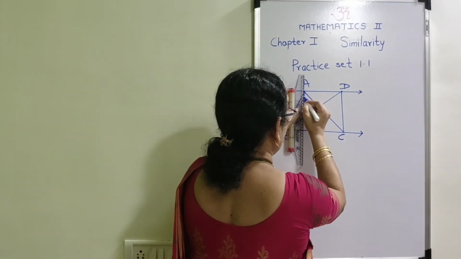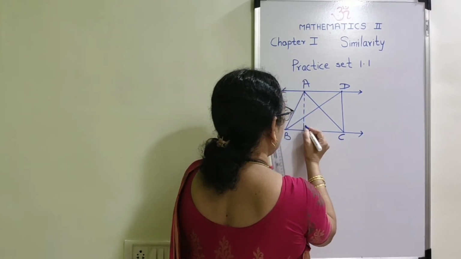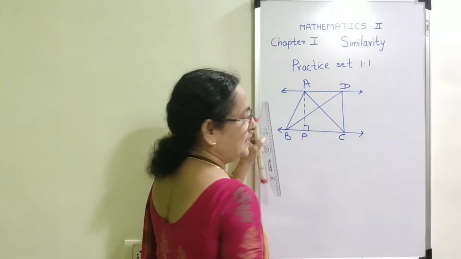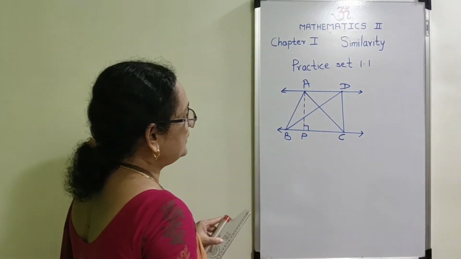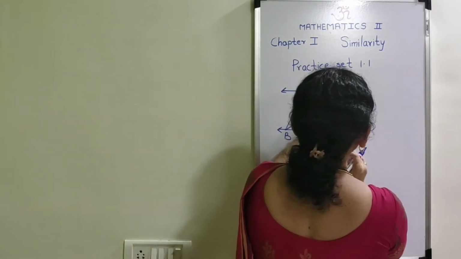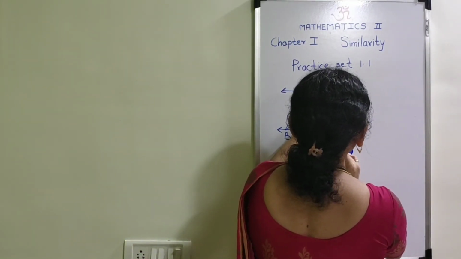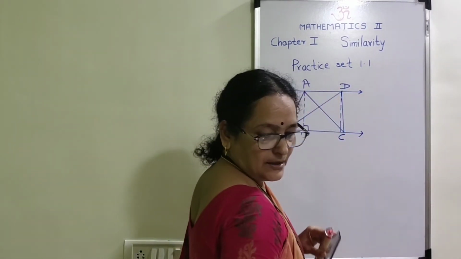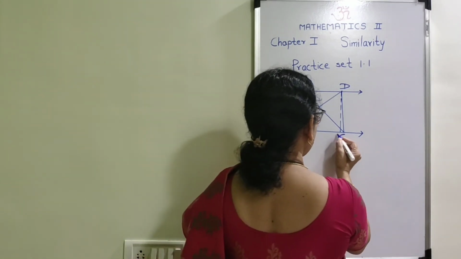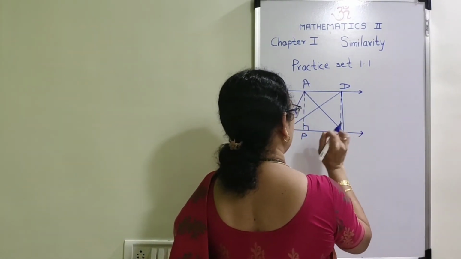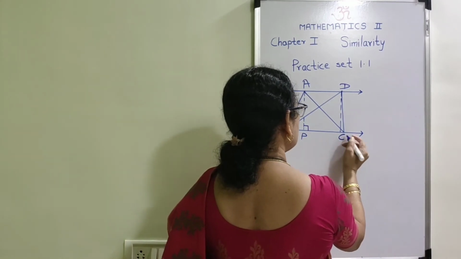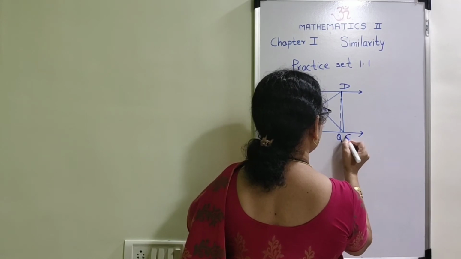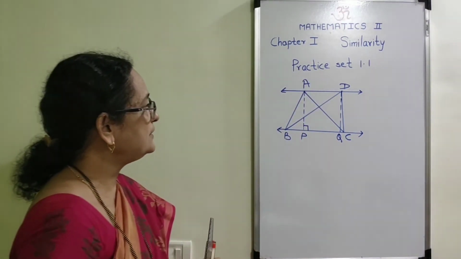To determine the height of this triangle, I can draw a perpendicular from vertex A. Suppose this is the point P. And suppose I want to determine here also the perpendicular distance from point D. Then it should be a point Q. It is not necessary to draw this second perpendicular, but I am going to show you that suppose I can consider it, then this is the segment DQ.